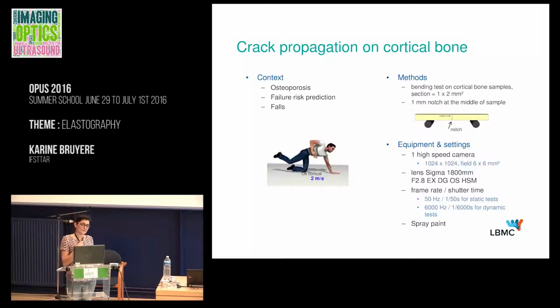It's a test for the assessment of the toughness of the cortical bone. It's a bending test on very small samples where a notch of 1 millimeter is realized. So the field is quite small, and some static tests are performed, and also dynamic tests with a frame rate of 6,000 Hz.